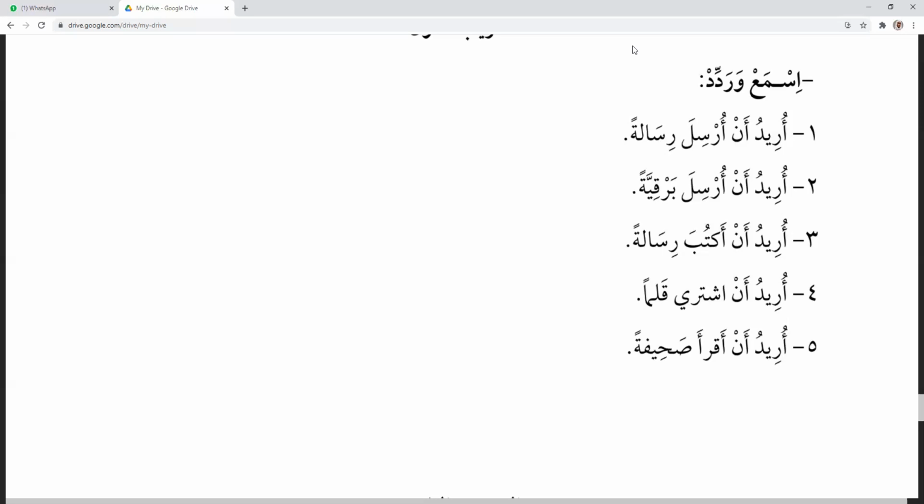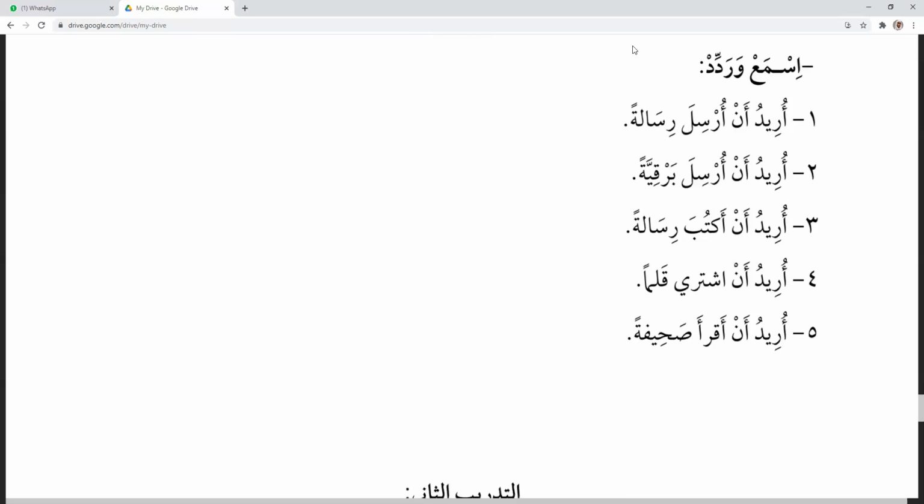أريد أن. How do you know what برقية meant? It's one of the vocab in book 2. We did it, I think, last week? Okay. Even before that, I'd done a few lessons of book 2 with a different teacher. Yeah, I'm a bit familiar with the vocab.